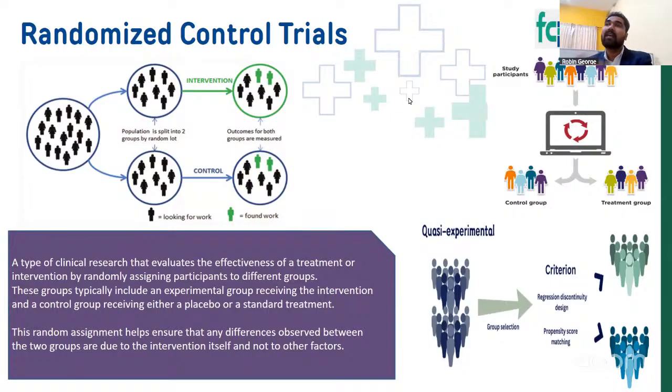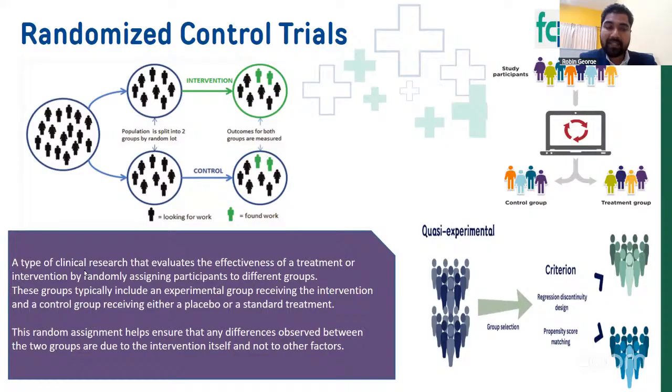Then I will say all my drug-treated patients were cured. Actually, it happened because they were just stage 1. That's why there is a chance of bias. To avoid this bias, we have to categorize the patients randomly. So this is called a randomized control trial.